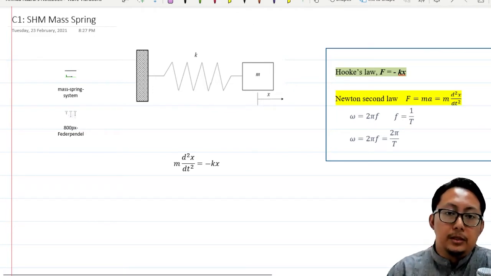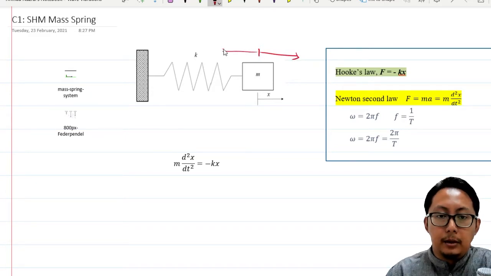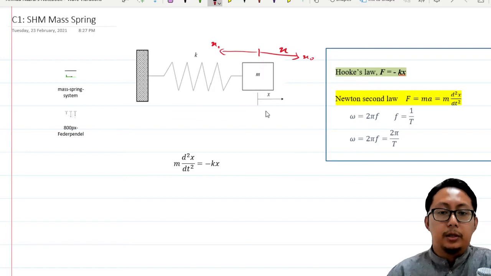So this mass spring system will oscillate to the right and the left. The oscillation will be x, and the amplitude will be x naught.